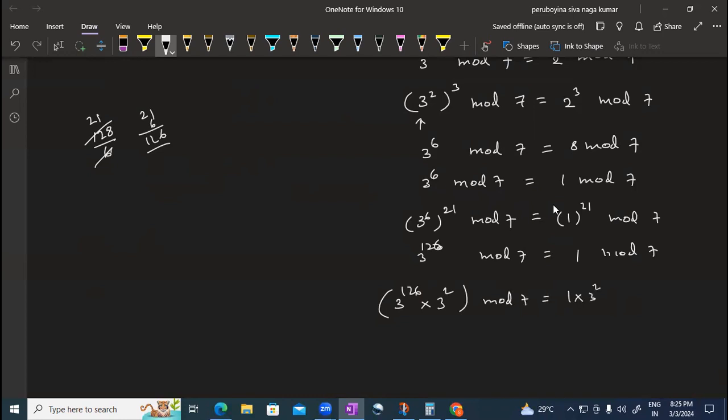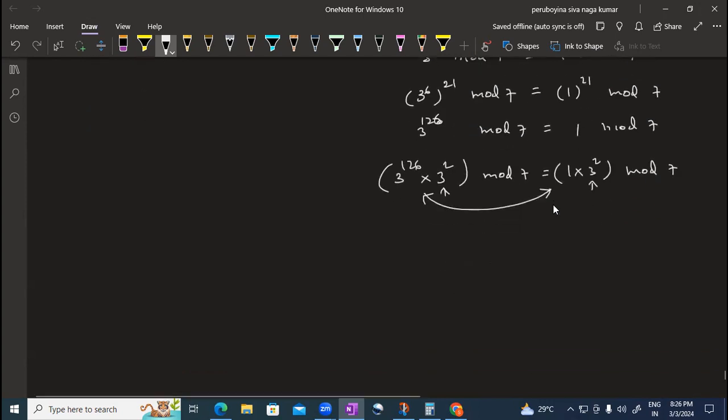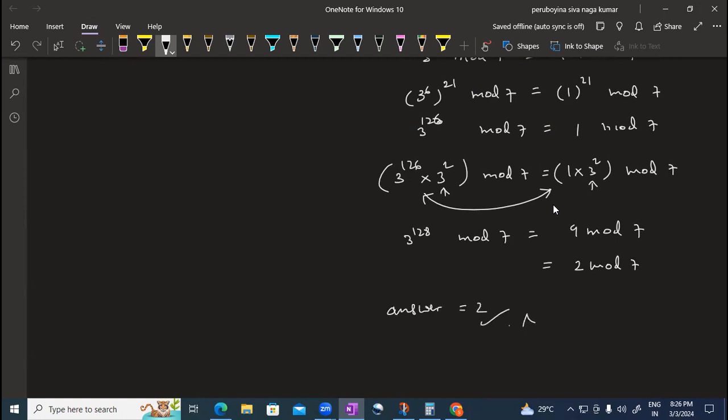So 1 into 3 square, I did the same operation on both sides. Mod 7, here it will be 3 power 128 mod 7 is equal to 3 square, meaning 9 mod 7. 9 mod 7 means 2 mod 7. So the answer is 2.